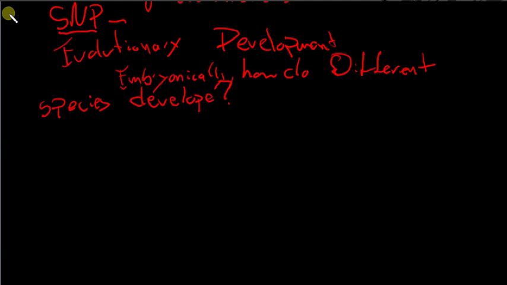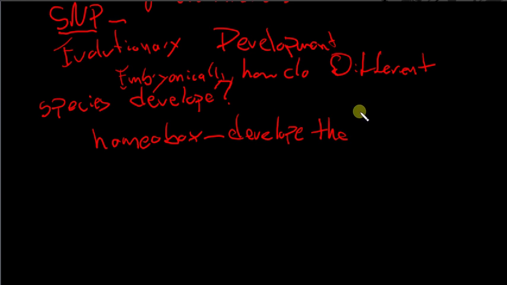So, we talked about earlier homeobox or Hox genes. And these are genes that develop the body plan.